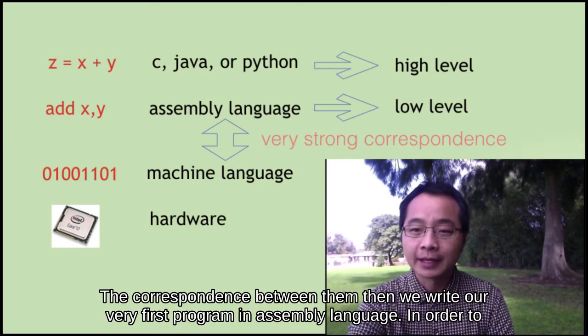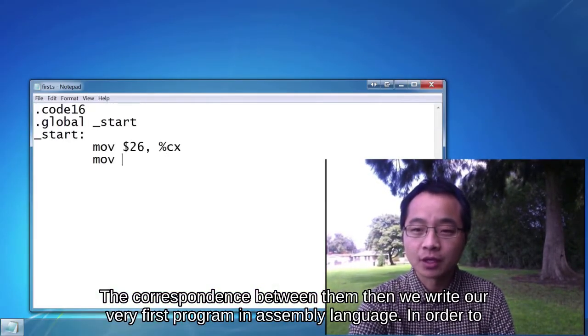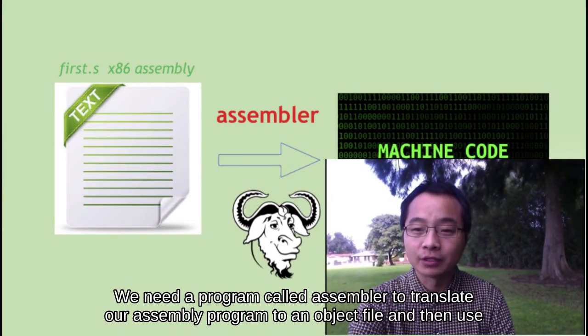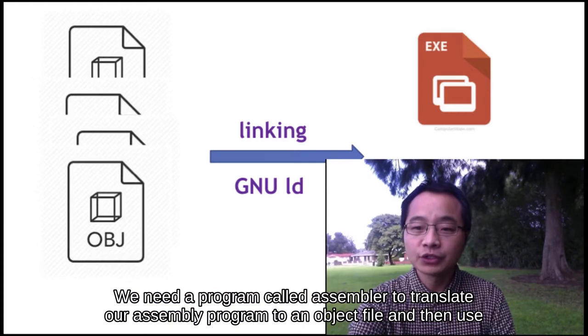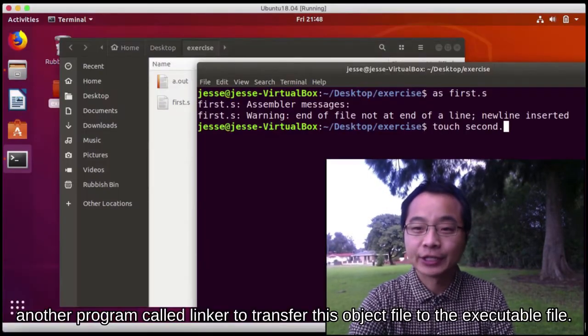between them. Then we write our very first program in assembly language. In order to run this program, we need a program called assembler to translate our assembly program to an object file, and then use another program called linker to transfer this object file to the executable file.